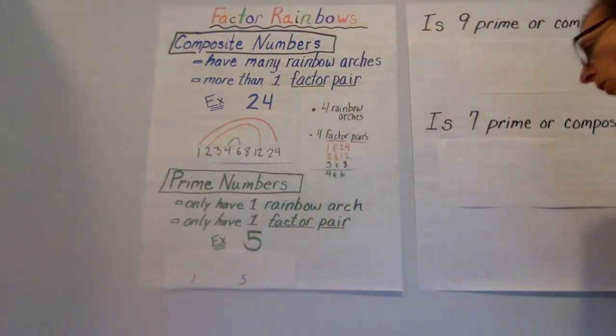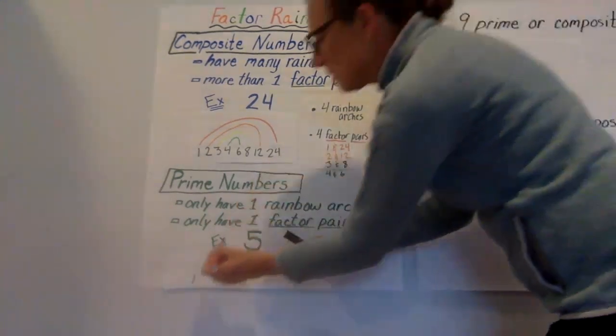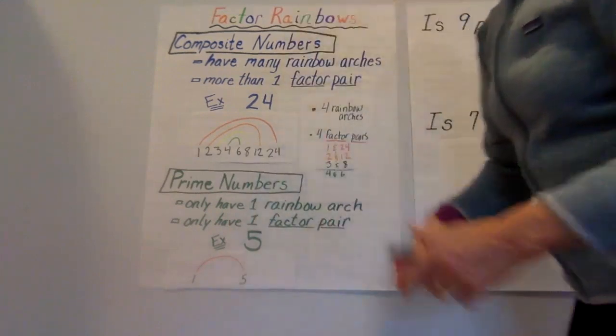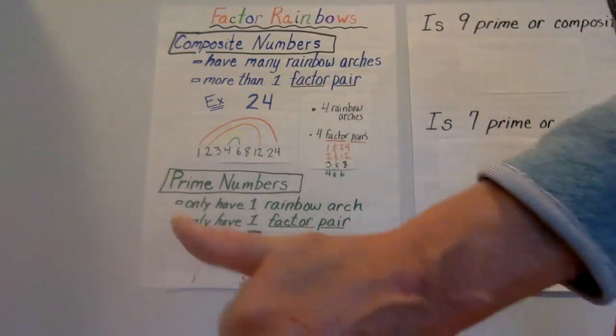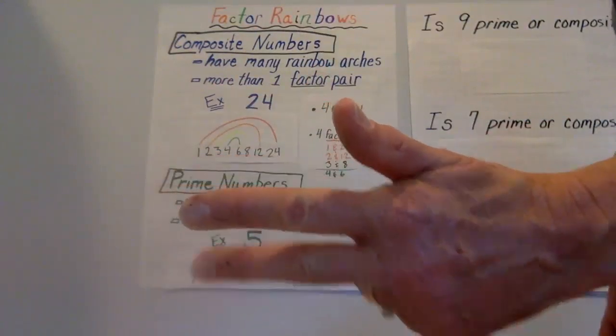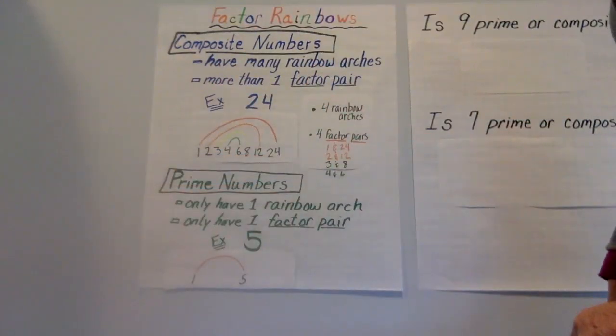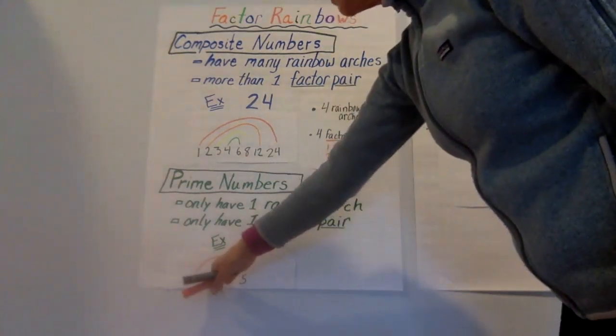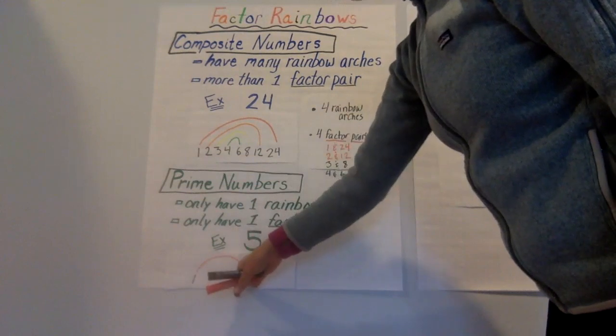So that's 1 rainbow arch. So I'm going to draw a rainbow arch. Now I'm going to try 2 and see if it's a factor. 2, 4, 6. I didn't hear the number 5, so I know 2 is not a factor of 5.